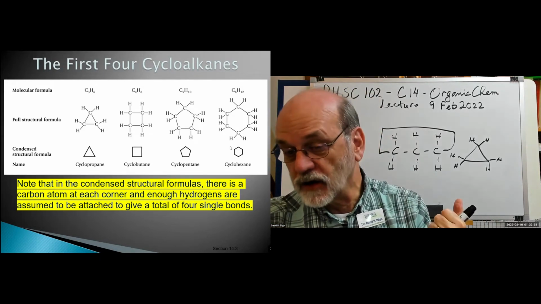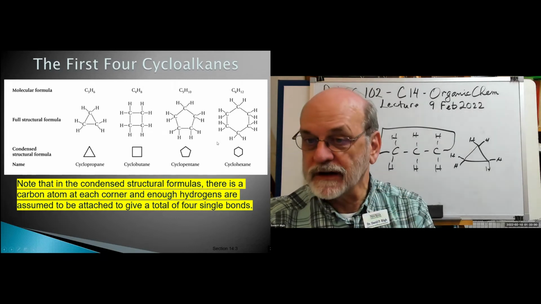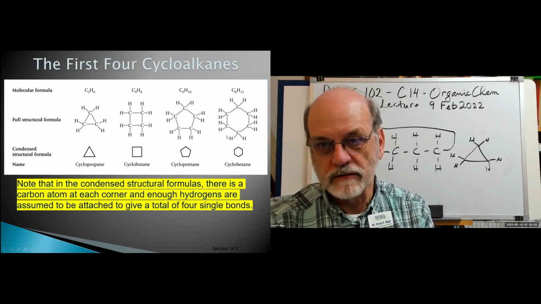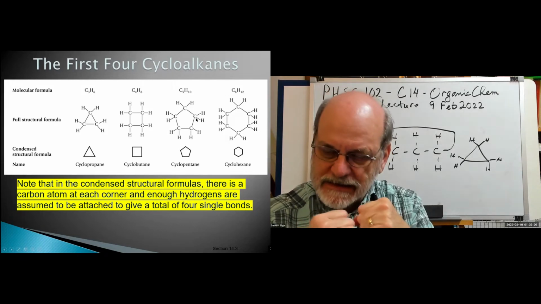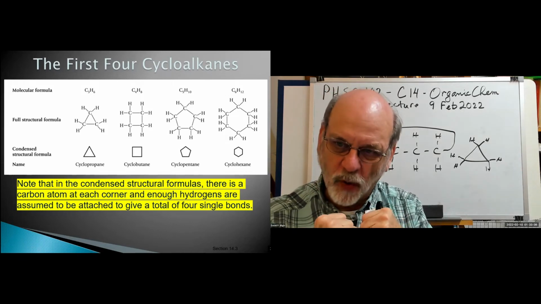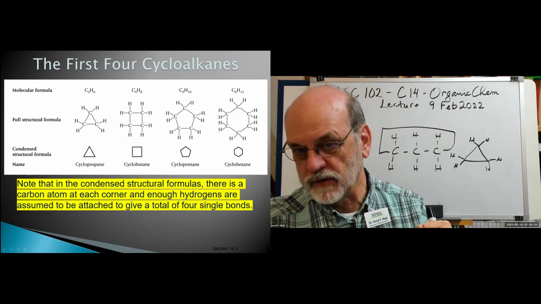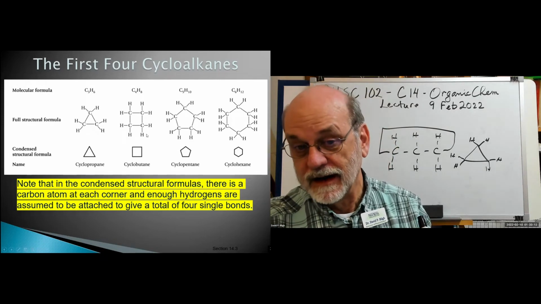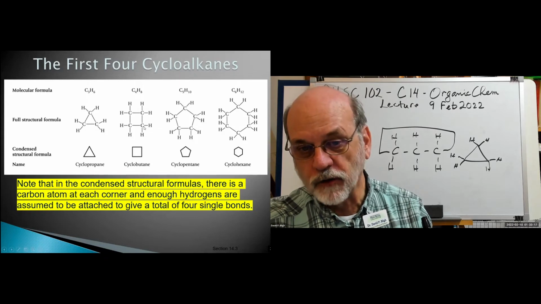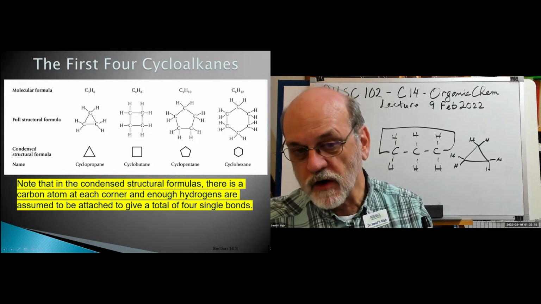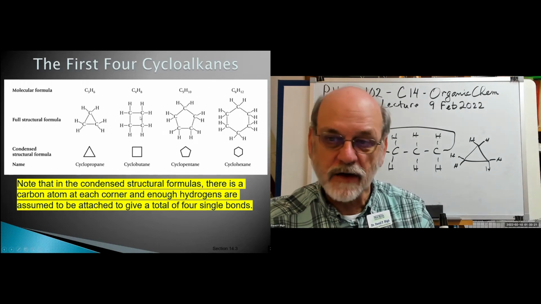Now, the cyclohexane is perfectly tetrahedral, each of the carbons, no problem there. We have to bend it a little more to make the 5-membered ring, right? And then you really have to bend it a lot to get to the 4-membered ring, in which case we've gone to 109.5 down to 90 degrees.